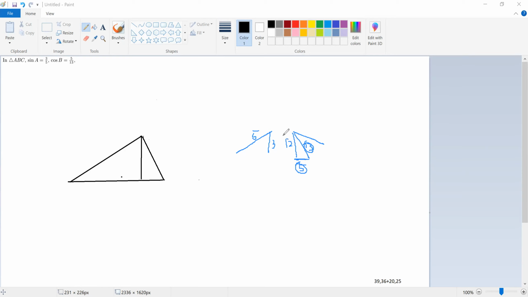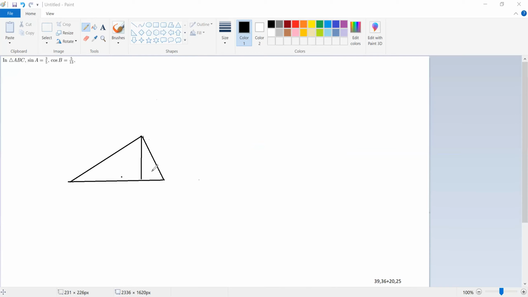So how are we going to fit these two things together? We can do that by scaling up the 3, 4, 5 triangle by a factor of 4. This 3 becomes 12, which is exactly the height of the other triangle. By the way, we got the height of the other triangle through the Pythagorean theorem, because 12 squared plus 5 squared is equal to 13 squared.